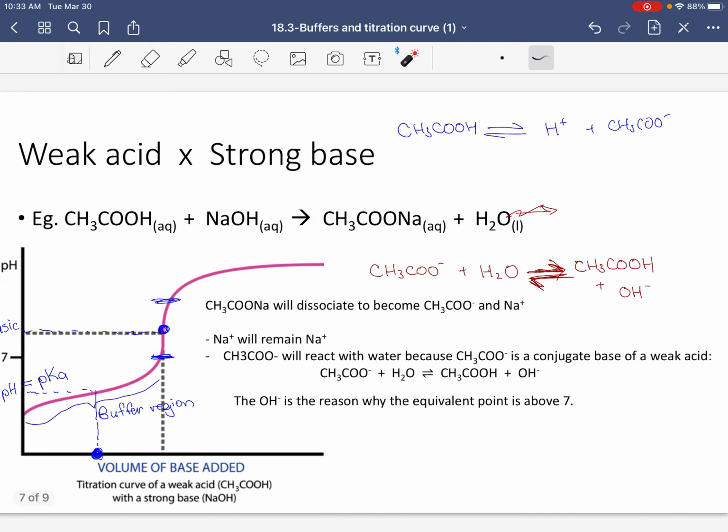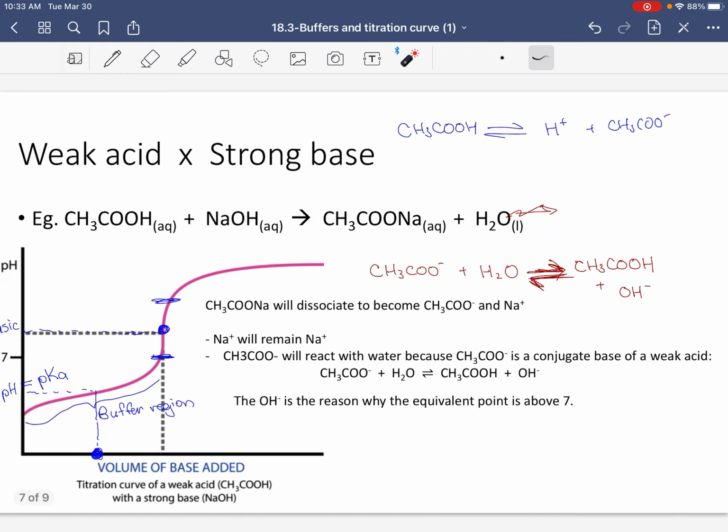Hey, if you're so willing to donate proton, water will say, I'm very willing to accept your proton because I'm a nice guy. You donate, I accept. Because of that, you're going to make H3O. This will cause your solution to be acidic. Hence, every NH4Cl that you make, there is potential that you'll make a little bit of these, causing your equivalent point to be a little lower than 7.